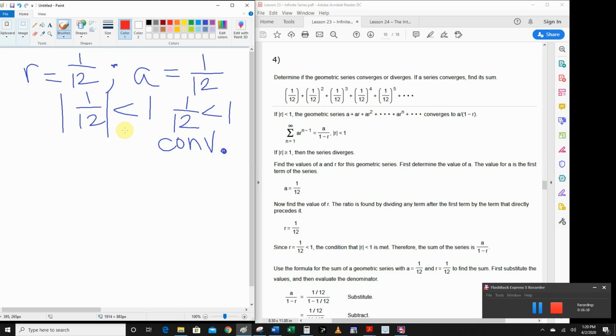So let's write down our sum formula. S is equal to A over 1 minus R, and let's plug in A and R respectively.